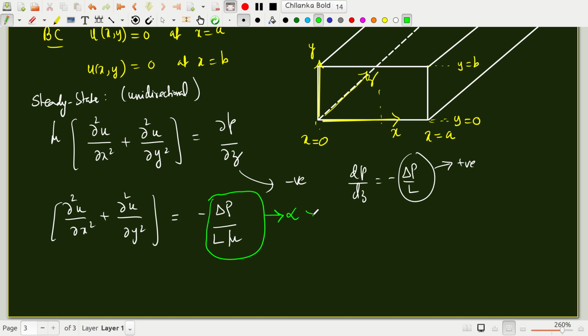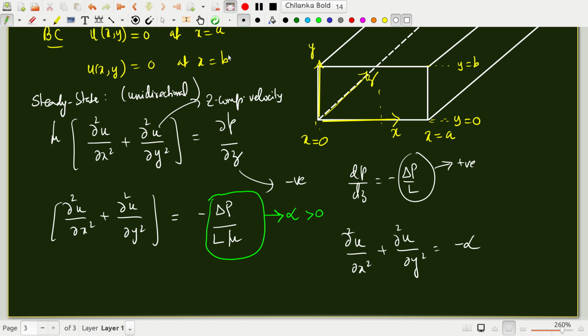So alpha is a positive number, therefore the equation will finally simplify to this is equal to minus alpha, and use the z component of velocity because the flow is only in the z direction.